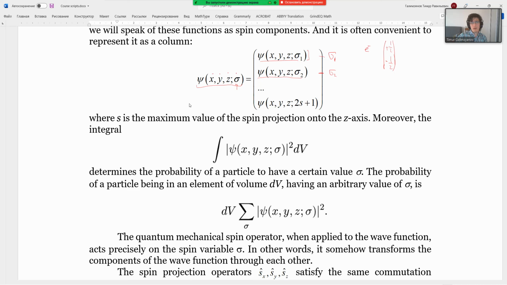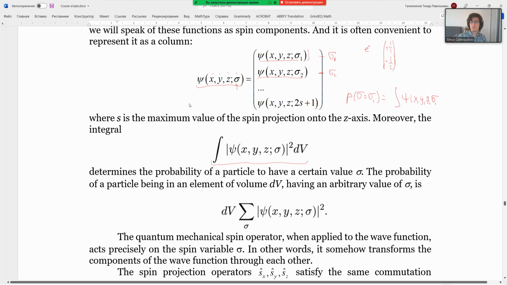However, the probability would be given by the integral of this component. So the probability to have spin equal to sigma 1 is given by the integral over the whole volume of psi of x, y, z, sigma 1, squared, dV.